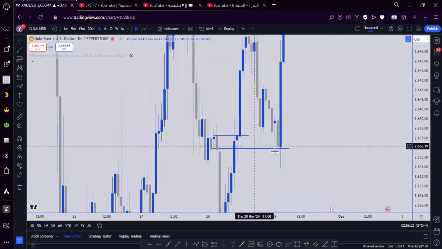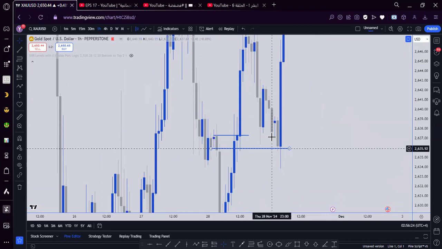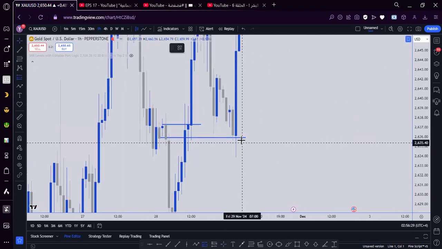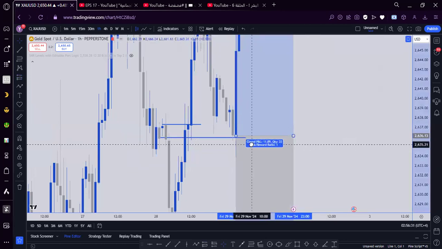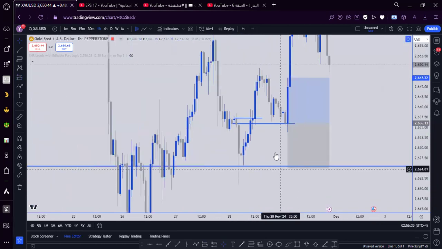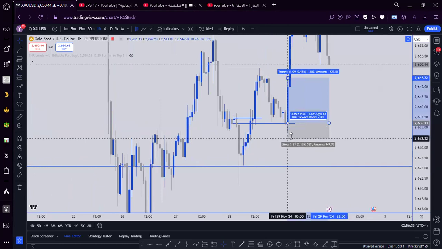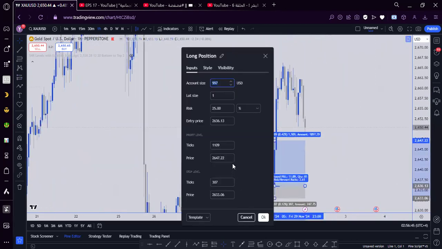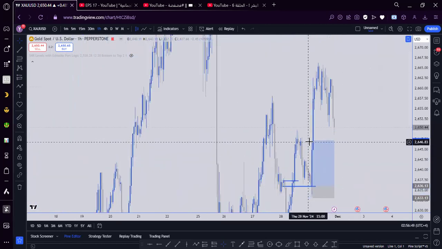So after this confirmation that the 1 hour can be rejected from our level, you can take your trade directly after this candle close. Very simple. Right after the bearish candle close, you can take your trade with 13 pips stop loss, very simple, very easy.